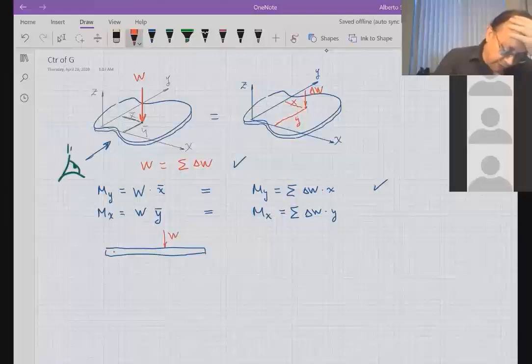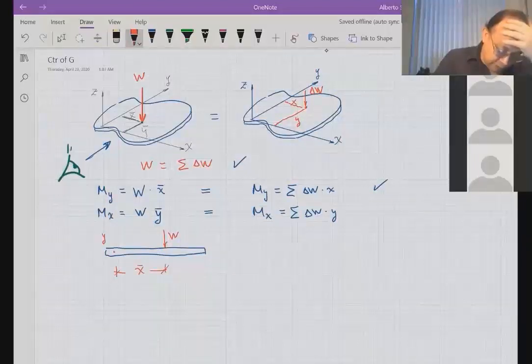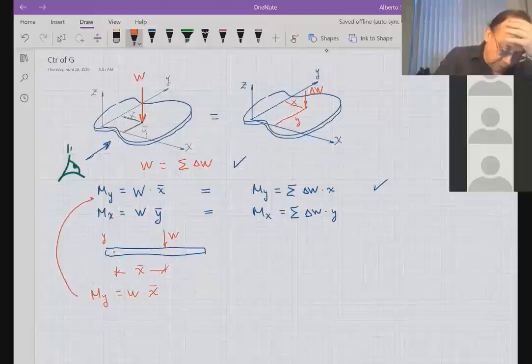It will be the y-axis like a point, right? A point going into the paper, where this distance is x bar. You see it? So that's what I mean by moment of y equals W times x bar, this equation.